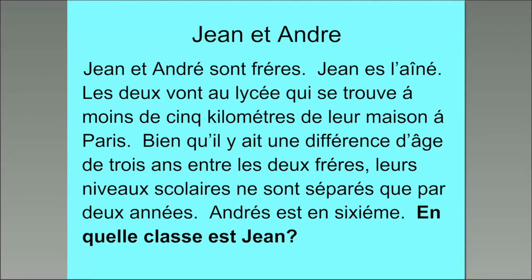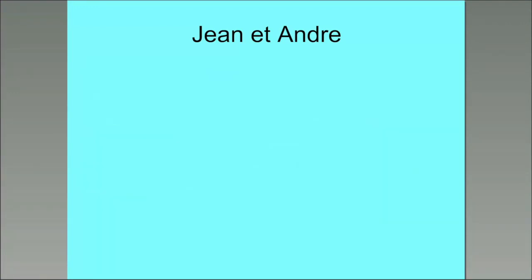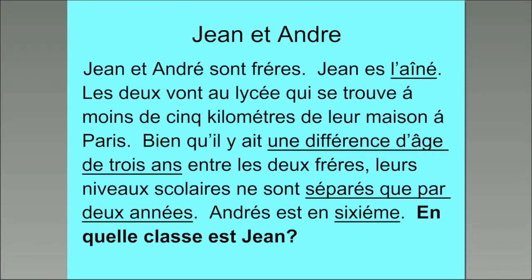So some teachers are really helpful with the students, and they will go back into the problem and say, here are the important parts of the problem. So let's try and see if that helps you. If I underline the key information, so Jean is l'aîné, une différence d'âge de 3 ans, maybe that helps you some. Séparés que par 2 années, and then André is in sixième.